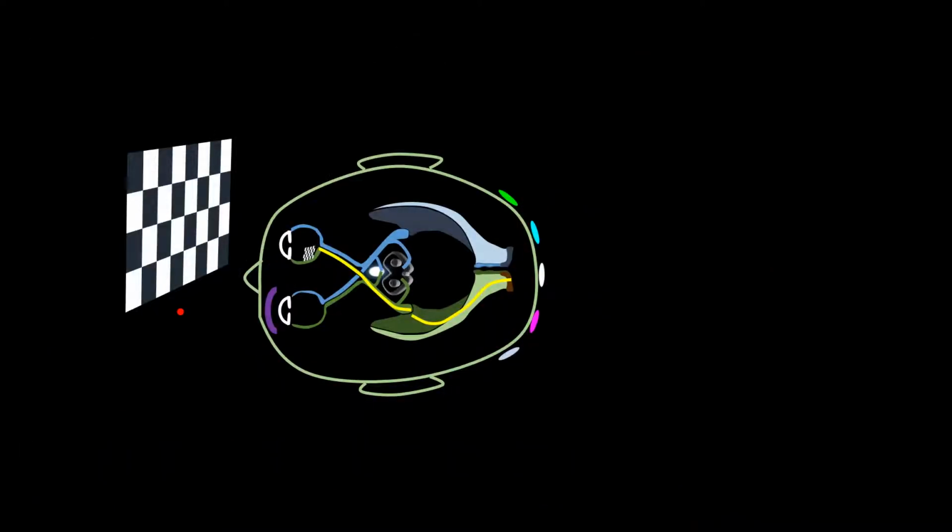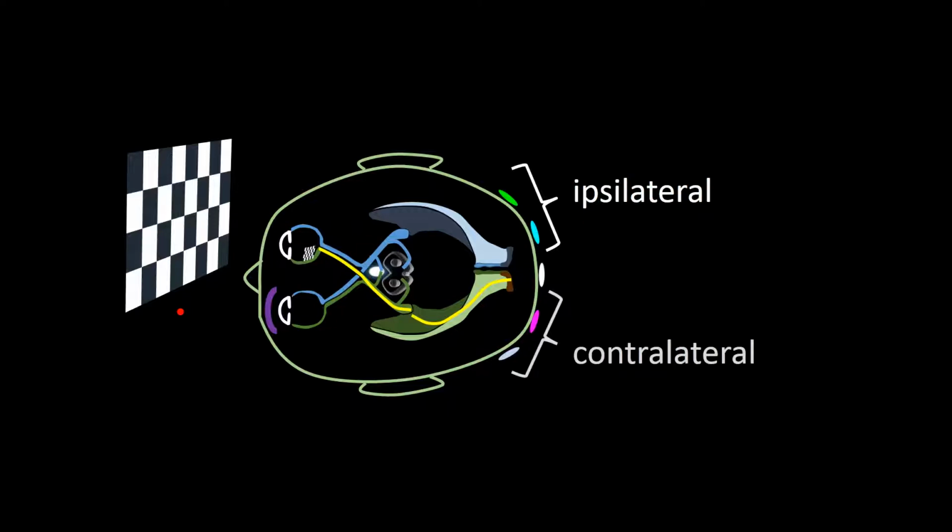When stimulating the right visual field of the right eye, as I have depicted in this frame, the occipital electrodes on the same side of the visual field stimulated are called the ipsilateral parasagittal electrodes. The occipital electrodes on the contralateral side to the one being stimulated are called the contralateral parasagittal electrodes.